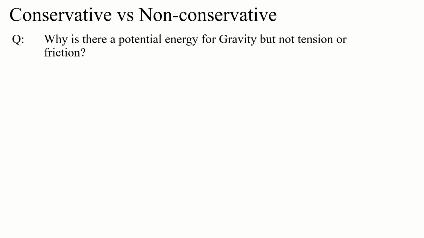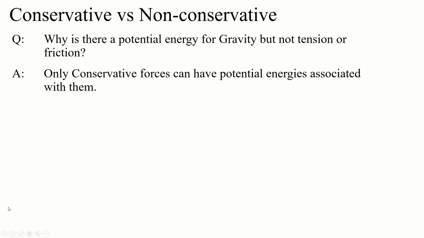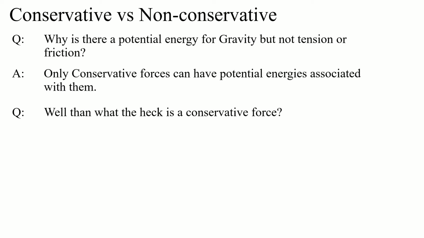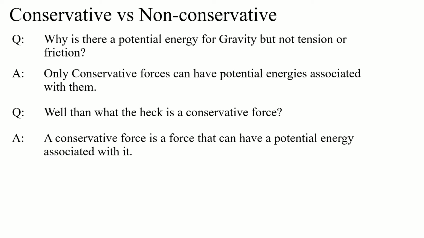And it turns out the answer is that only conservative forces can have potential energies associated with them, right? Which naturally brings up the next question of what the heck is a conservative force? How can we identify which forces can have potential energies and which can't? The standard way that I would define a conservative force is a force that can have a potential energy associated with it.